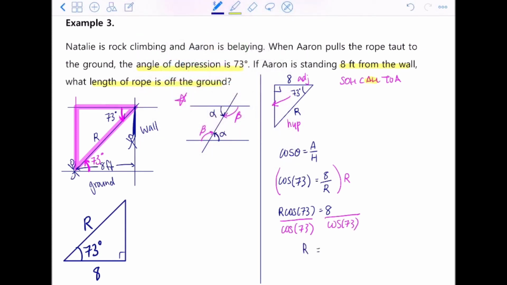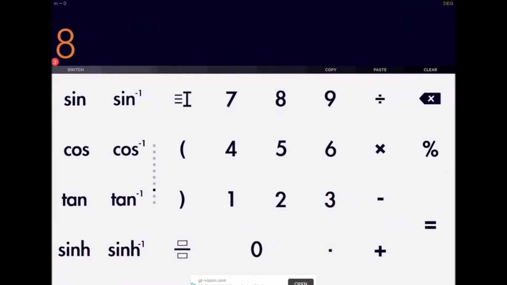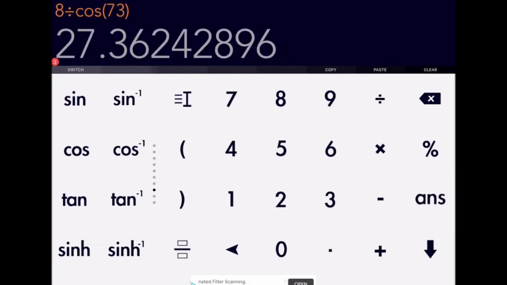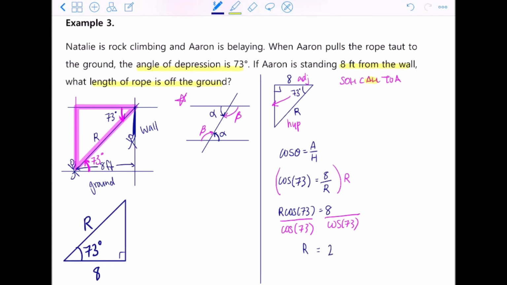I'm going to plug it into the calculator. 8 divided by cos of 73 degrees equals 27.36. So R equals 27.36. Okay, let's double check using the other one, the first method. The side across from the angle is opposite. We have adjacent here and hypotenuse here.